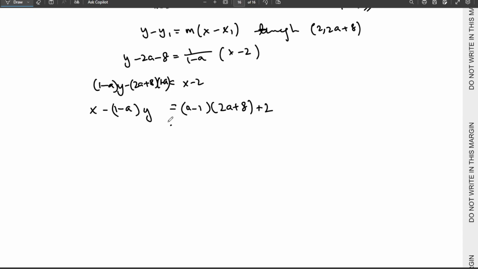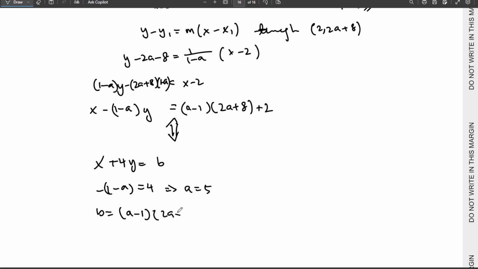After you get it into this form, you can compare it with the equation the question gave you. So the negative 1 minus a will equate to 4, which gives a equals 5. And then for the second part, b equals a minus 1 to a plus 8 plus 2.